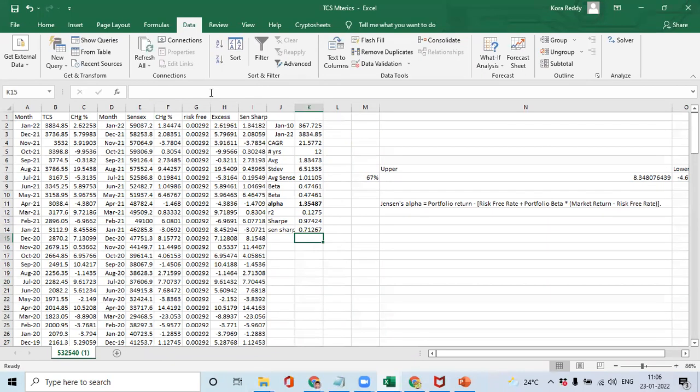So Sensex Sharpe is 0.71. My investment Sharpe ratio is 0.97. So I'm faring a little better than Sensex. So it is good.